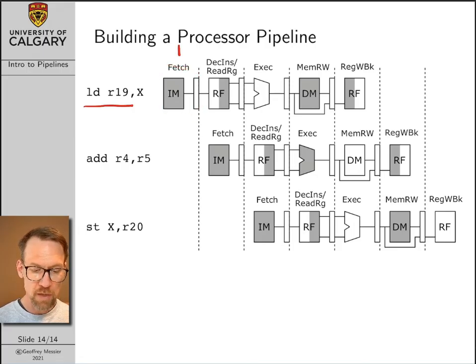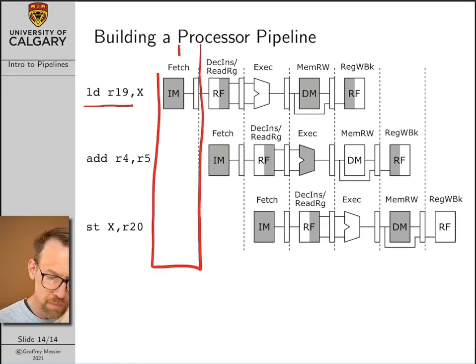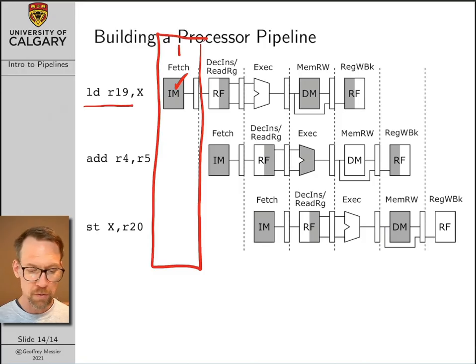And so basically the way that you read these diagrams is you take a vertical slice, right? If we take the vertical slice that corresponds to the first clock cycle, we can see that we're doing an instruction memory fetch for load. We're not doing anything for add, and we're not doing anything for store.